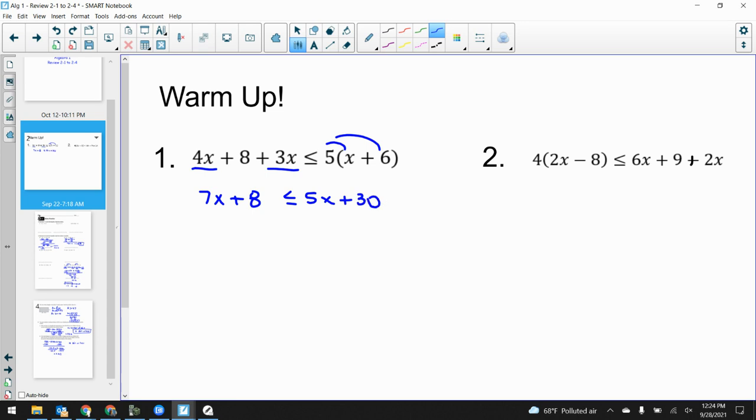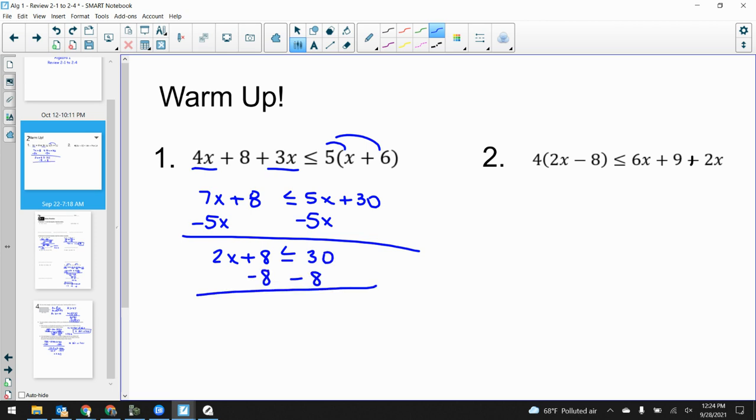Again, you should be following along with your work on the warm-up, checking your answers, making sure we know what we're doing. Get rid of the little guy by subtracting 5x. So we get 2x plus 8 is less than or equal to 30. Subtract the 8 from both sides to get 22. X is less than or equal to 11.